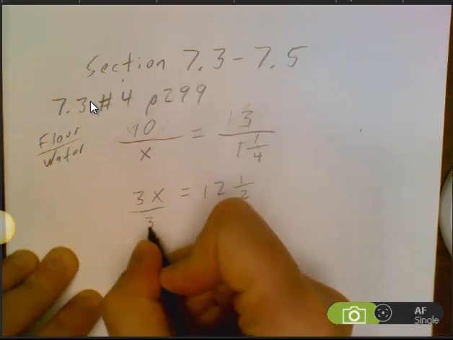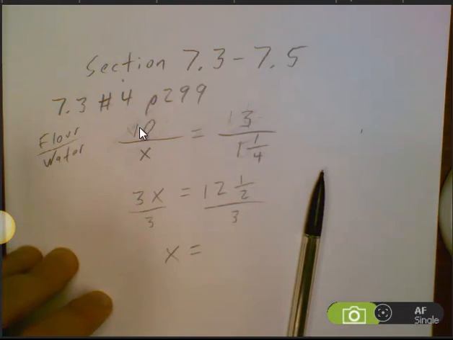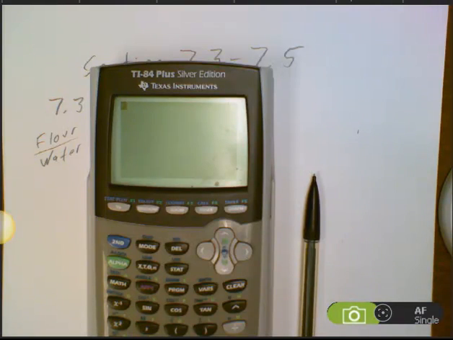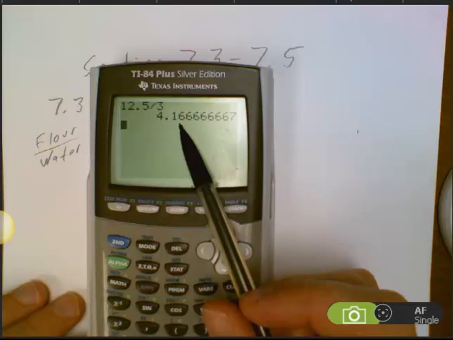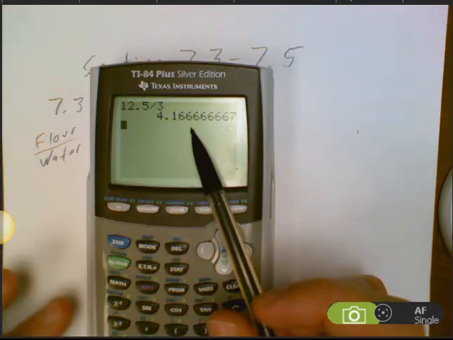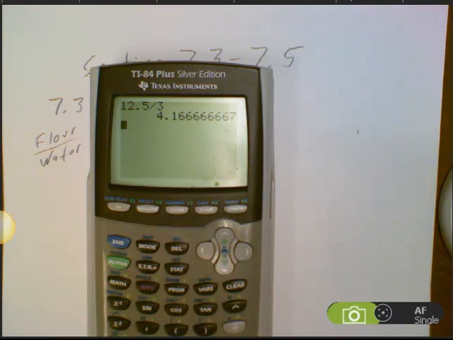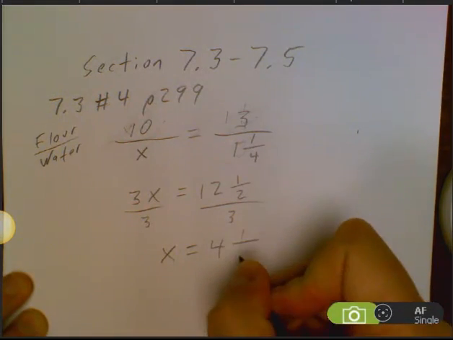Then we divide both sides by 3, and x equals 12.5 divided by 3, which is 4.166666. You should learn to recognize when you see 6 repeating, that means 2/3. In this case it's kind of weird because it's 4.166. But if you want to convert that back to a fraction, you can always just go math, fraction, and it's 25/6, which is 4 1/6.